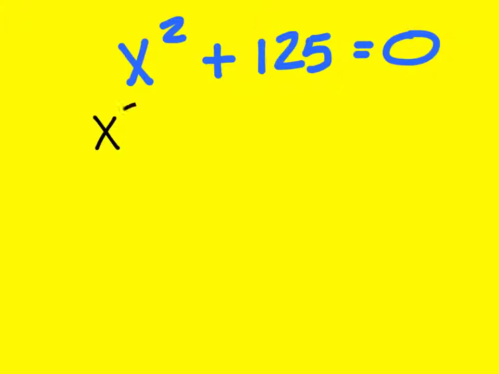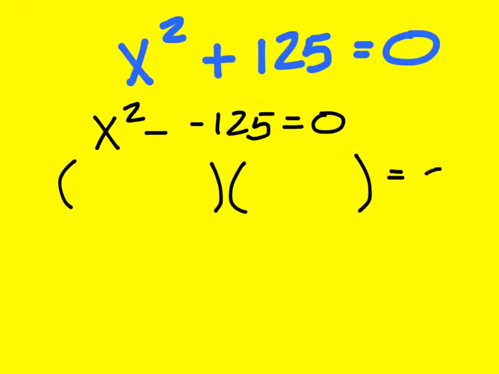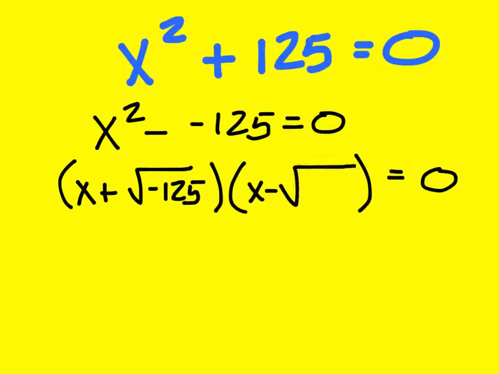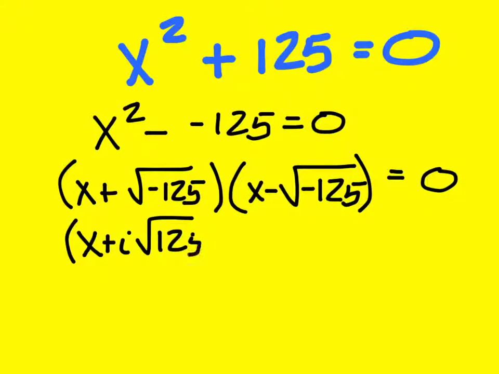Rewrite this as x squared minus a negative 125 equals 0, and break it up as x plus the square root of negative 125 and x minus the square root of negative 125. Now you have to take out an i from each one.